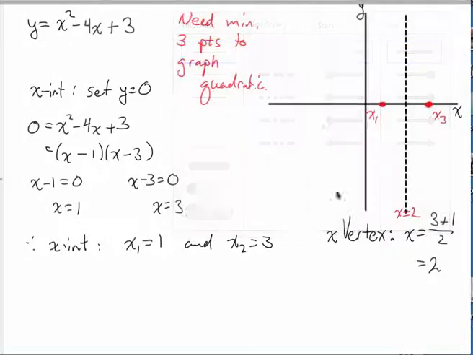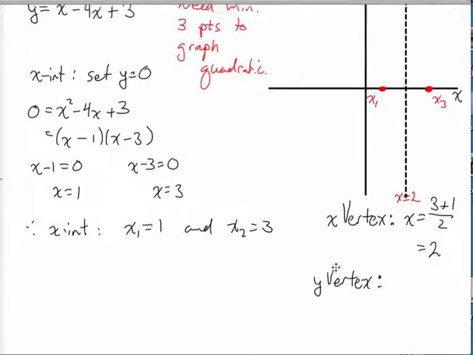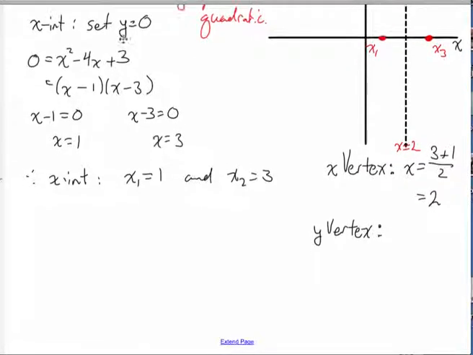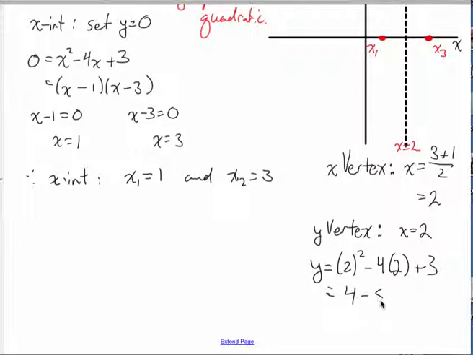Well, next step, once I have the x part of the vertex, I can actually find the y part of the vertex, the y coordinate. I can do that by setting x back into the equation. So set x equal to 2: 2 squared minus 4 times 2 plus 3, which is 4 minus 8 plus 3. 4 and 3 is 7. 7 minus 8 is -1.